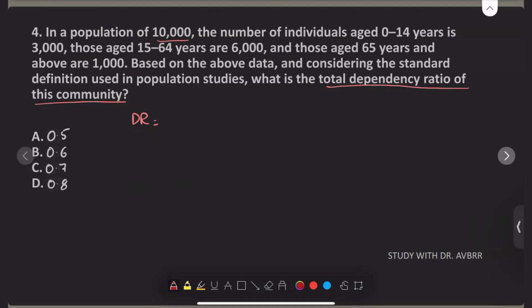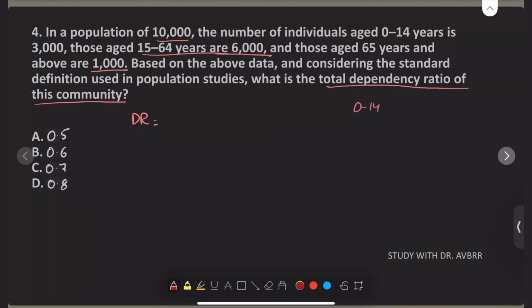Those aged 15 to 64 years are 6,000. Okay. And those aged 65 years and above are 1,000. Based on the above data and considering the standard definition used in population studies, what is the total dependency ratio of this community?